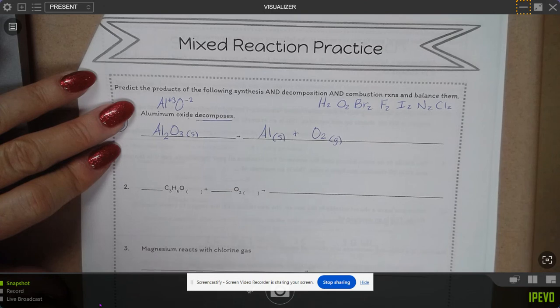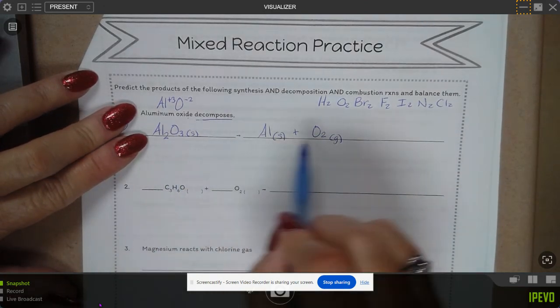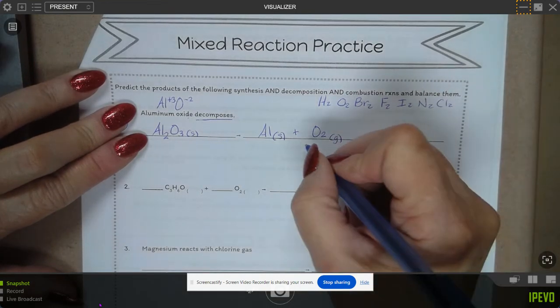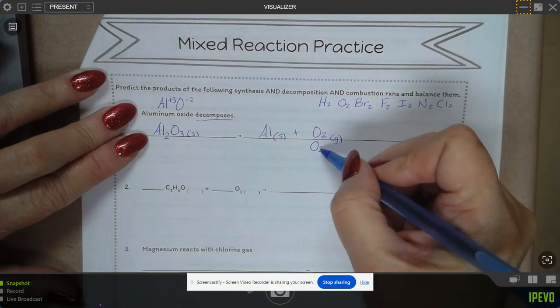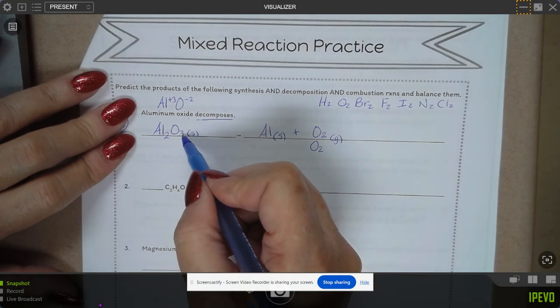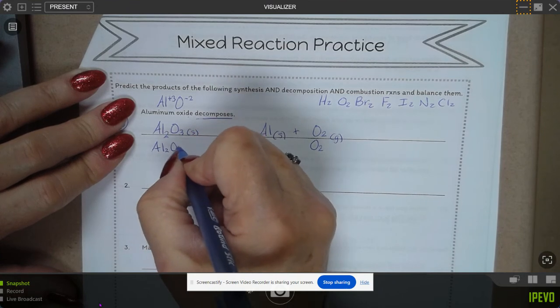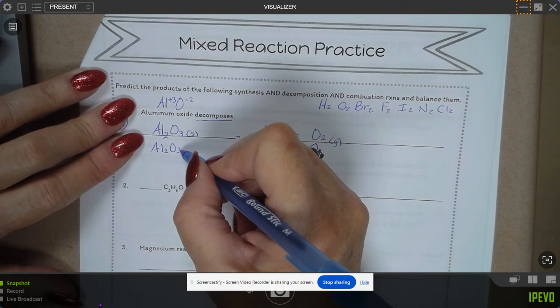Now we have to balance this. If you look at Al2O3, I have 3 oxygen over here and 2 over here, so I need more oxygen. So I'm just going to write an O2. Now I have 4 oxygen on this side and 3 over here, so I need more on this side. So I'm going to write another Al2O3. Now I have 3, 4, 5, 6 oxygen.